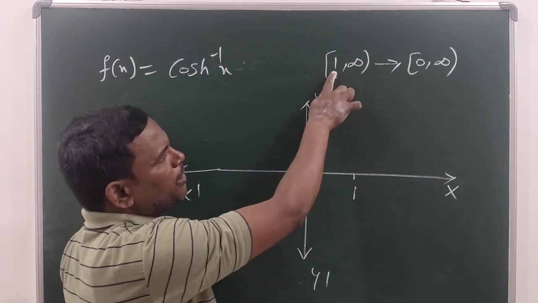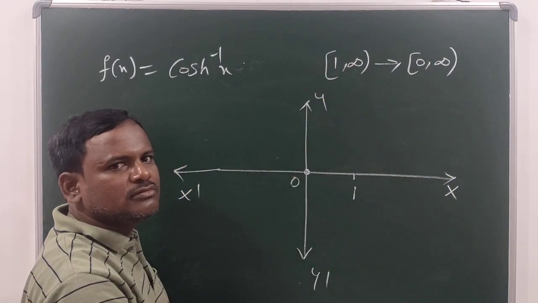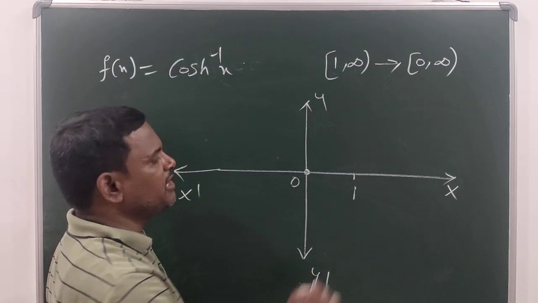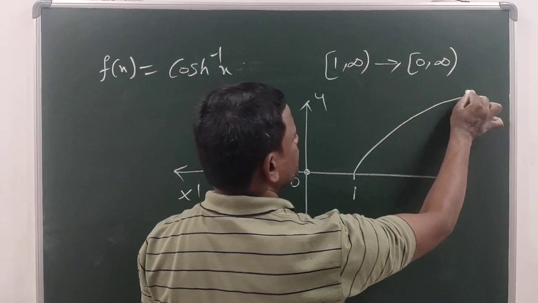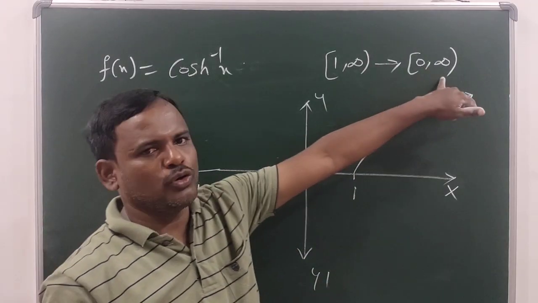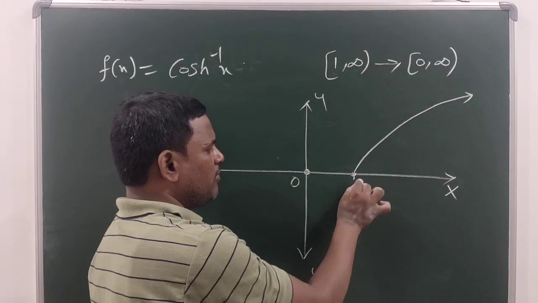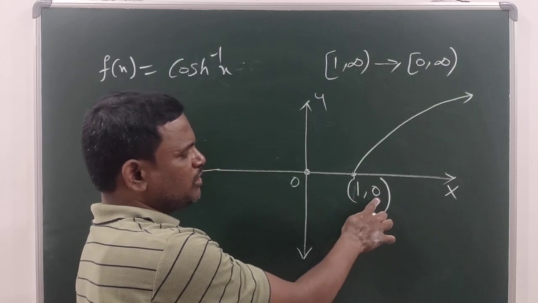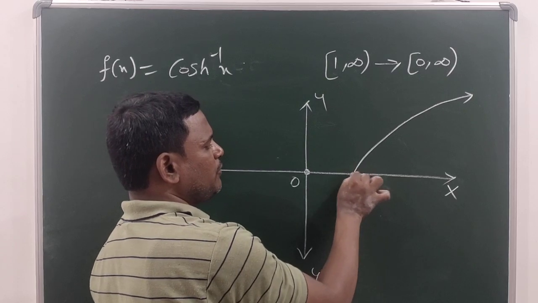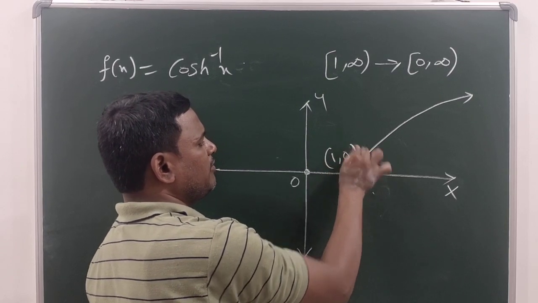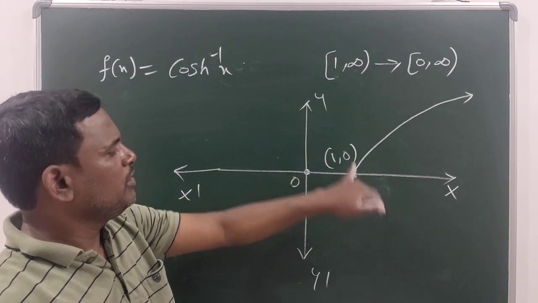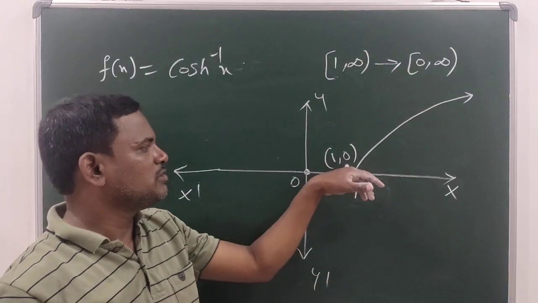Now if you keep on giving x values from 1 to the right side, your range will go like this. Range begins from 0 to infinity. So this is the point 1 comma 0. Students, actually this is 1 on the x-axis. If you would like to represent this point, you would write 1 comma 0. When you put x equal to 1, your respective range will be 0.